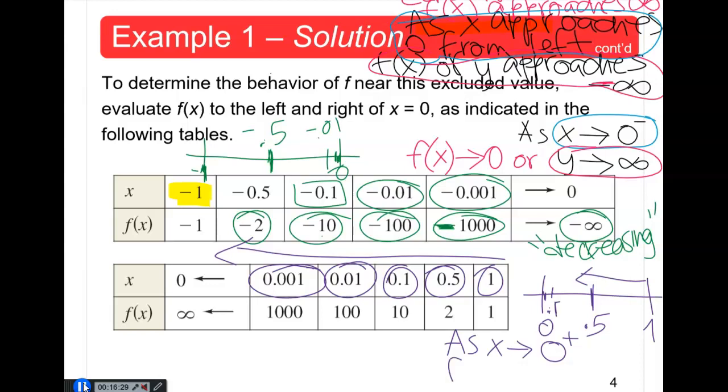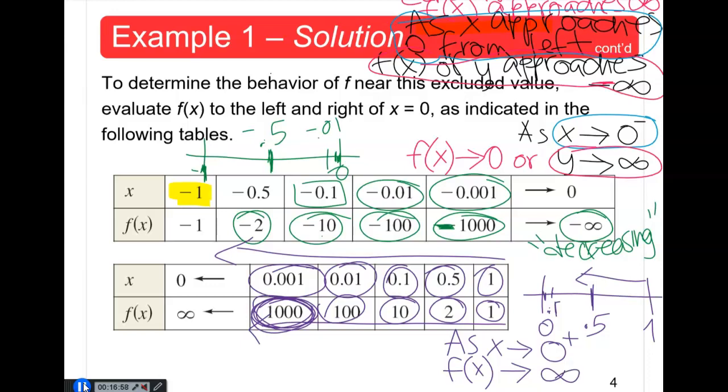And then what happens is the function is approaching, and as you can see what's happening here, they're getting larger. So we go from 1 to 2 to 10 to 100 to 1,000. So the closer we get to 0, the larger the number we will get from the right side. So we say that the function is approaching infinity.